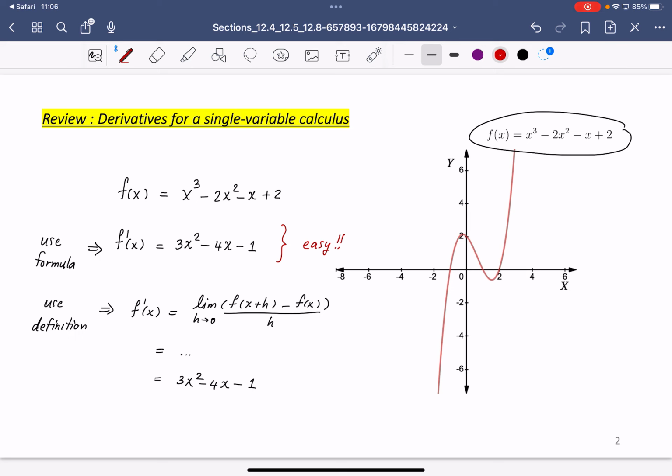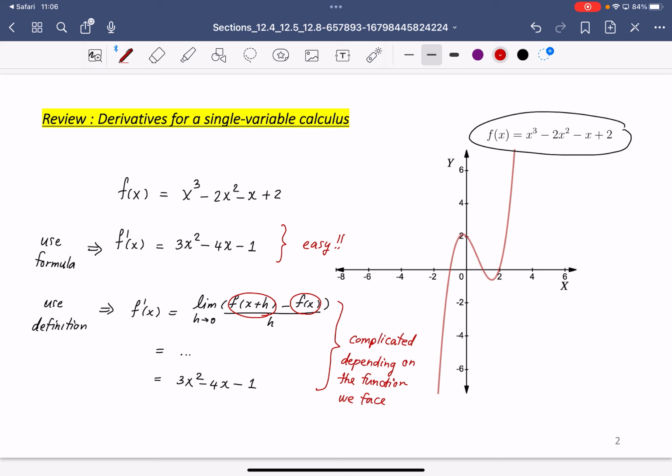But using the definition is a little bit complicated, depending on the function you have. If the function is so tedious, it's gonna be very hard to compute the limit, and it's gonna give you a hard time to use the definition.